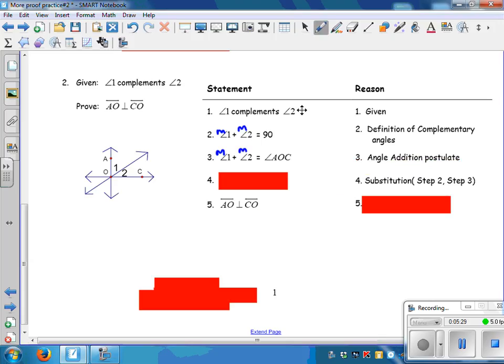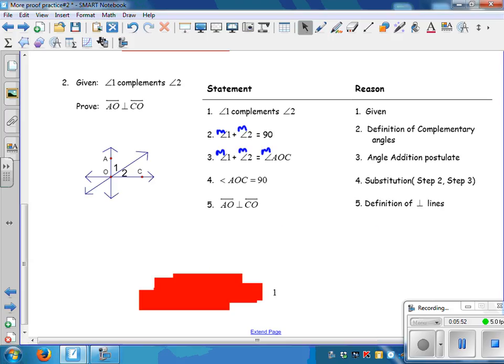And I should also put an M in here for measure of angle AOC. From here I'm going to use substitution and write that the measure of AOC is 90. You could get away with using transitive property here because the measure of angle 1 and angle 2 are in both of those equations. And from here, you can say that if you have a 90-degree angle, you have perpendiculars because definition of perpendicular lines.